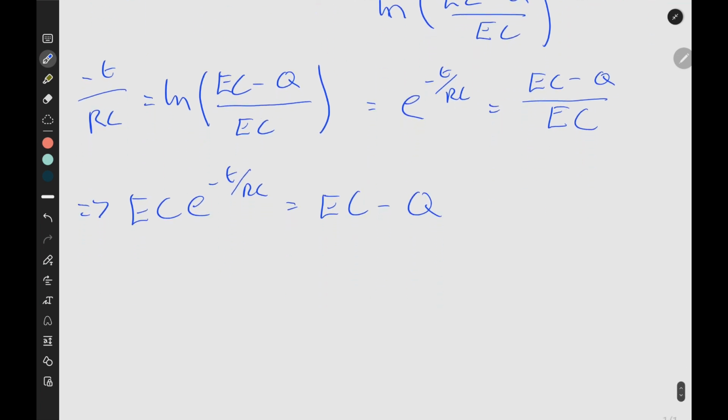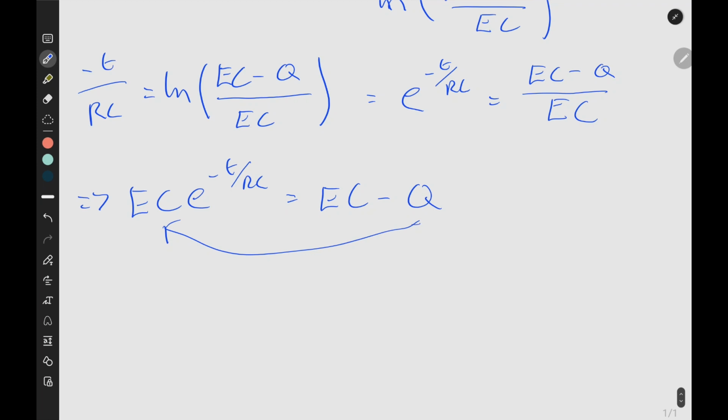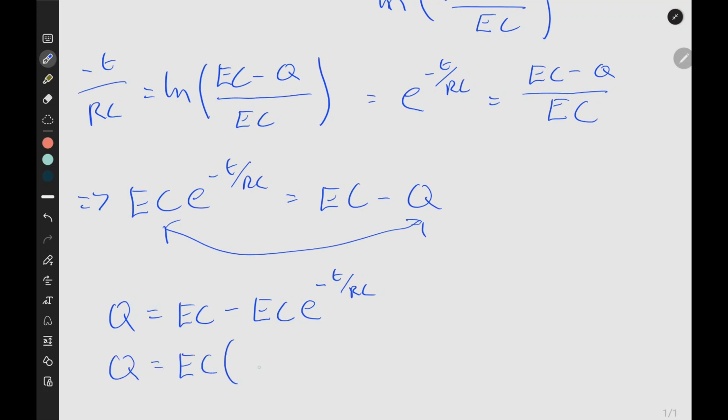We want q to be positive, so we move it to the other side and move that over here. So we get q equals EC minus EC e to the negative t over RC. And we can pull out a common factor, saying q equals EC times (1 minus e to the negative t over RC).